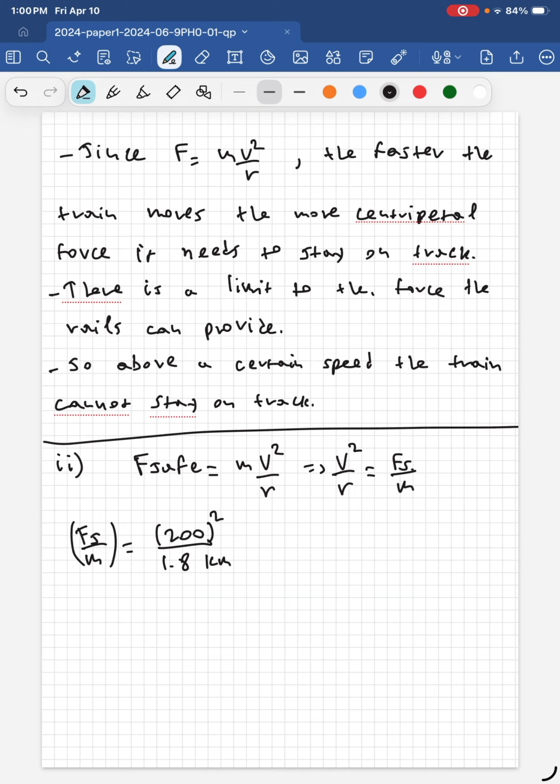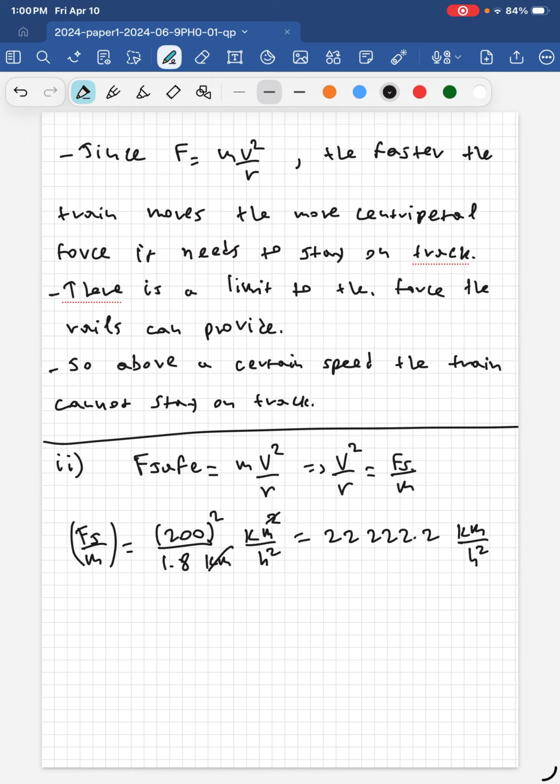So I'm using weird units for this quantity now, and 200 is in kilometers per hour. So we have kilometers squared over hours squared. Oops, we don't cancel the hours. Excuse me. So this is equal to 22,222.2 kilometers per hour squared. So this is the safe force per mass.